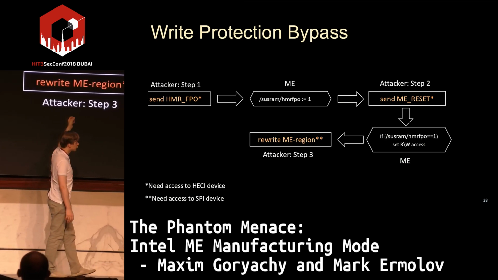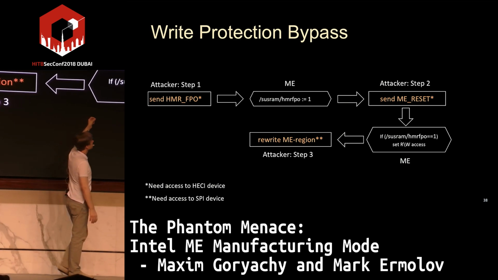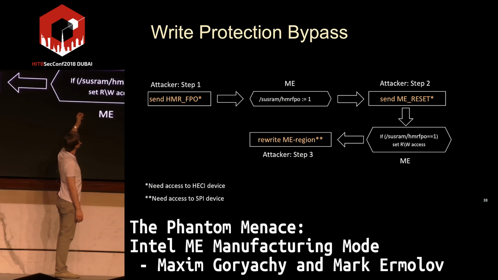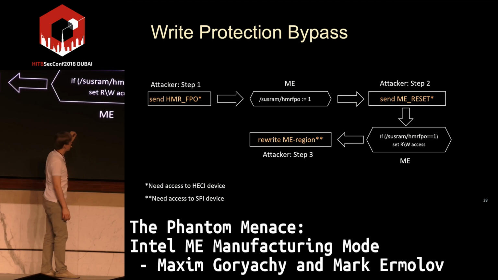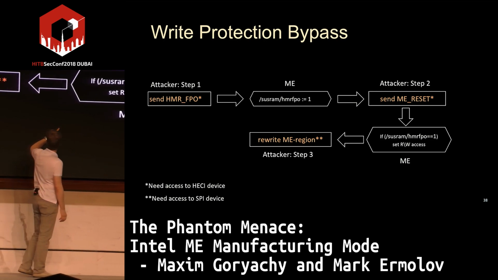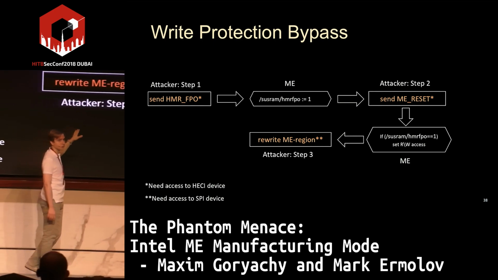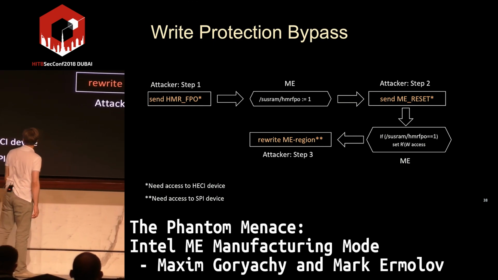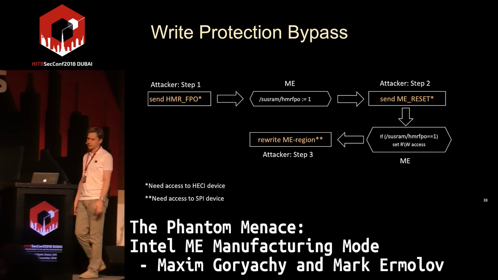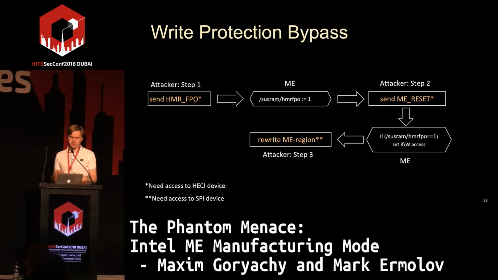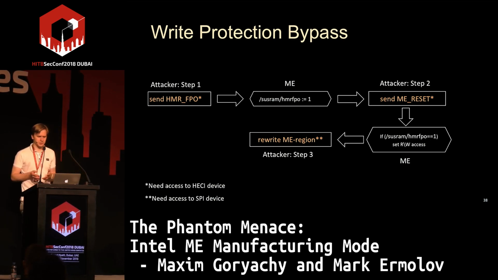After that, in the second step, the attacker sends the ME reset command, and ME finds these flags and gives access to the ME region. Of course, you need access to the HECI device and SPI device, but that is a basic rule for all firmware attacks.